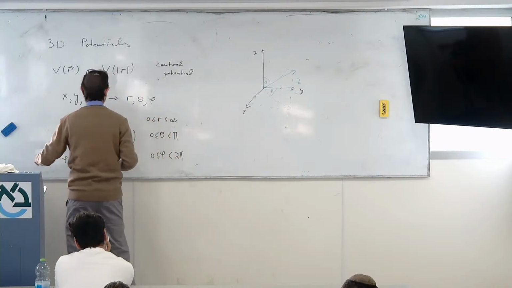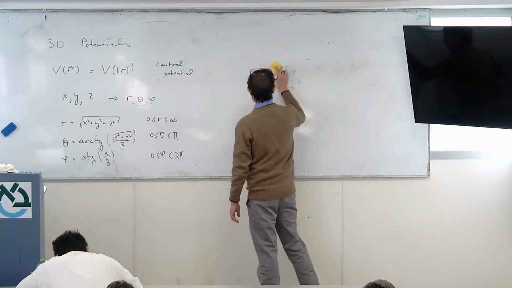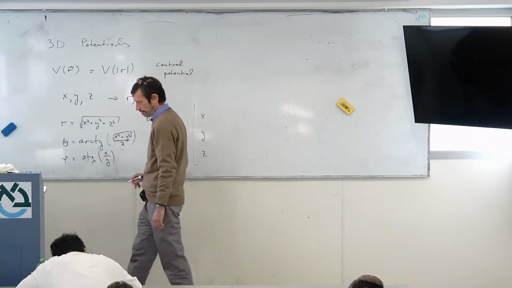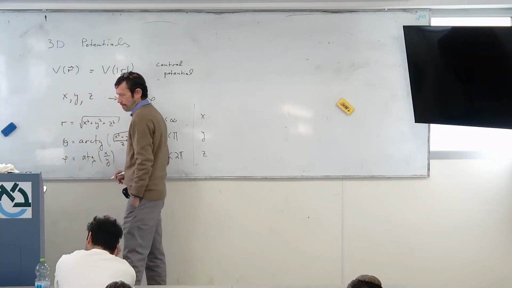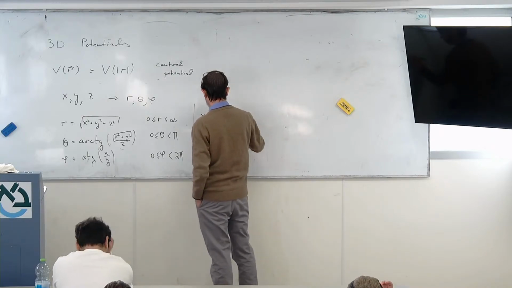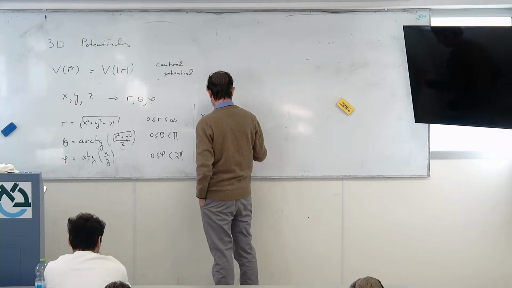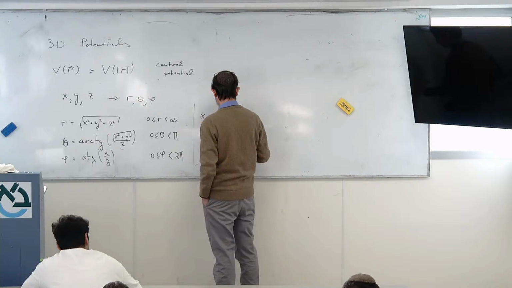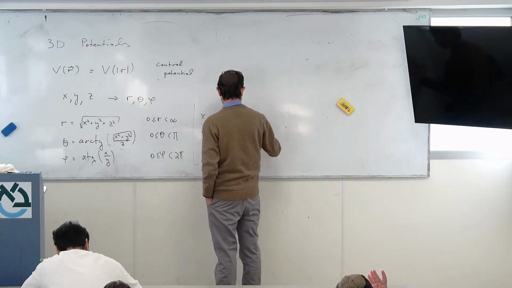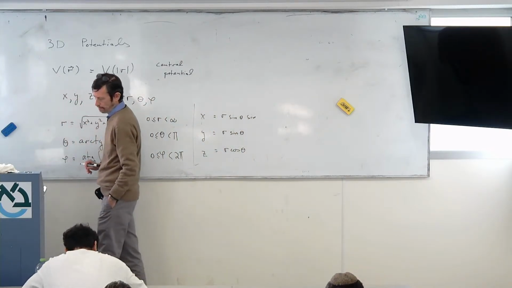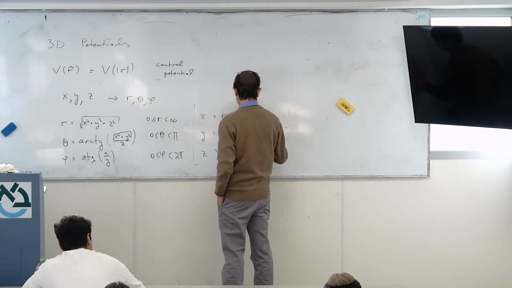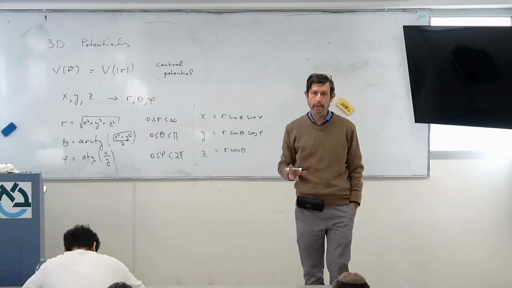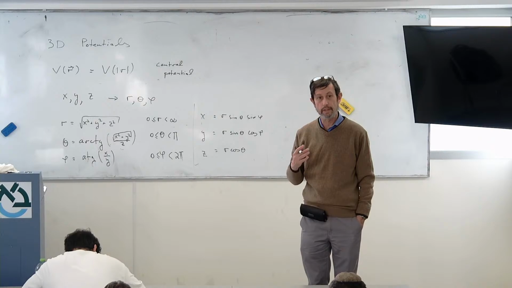Now, the second part of this table of translation, and we can already see that in this definition Z is simple.